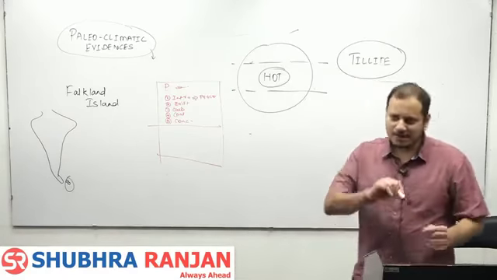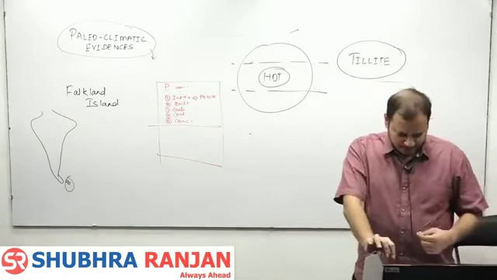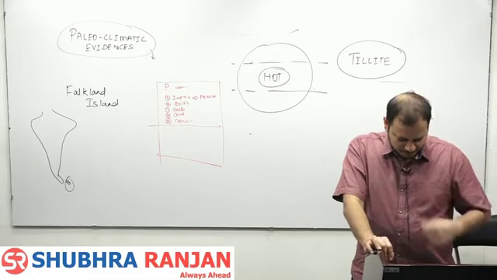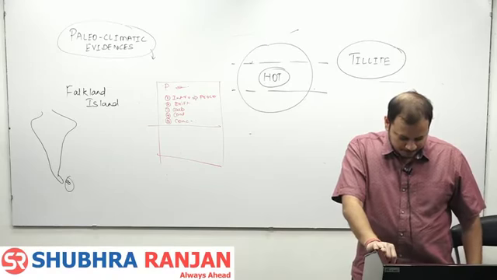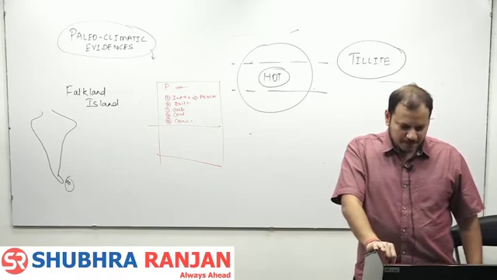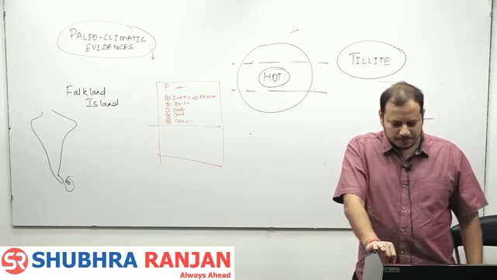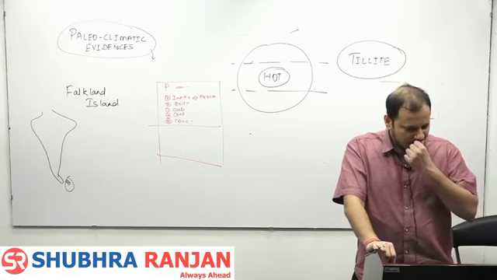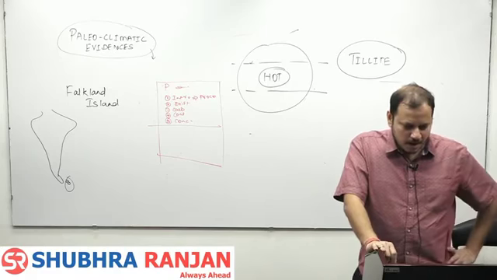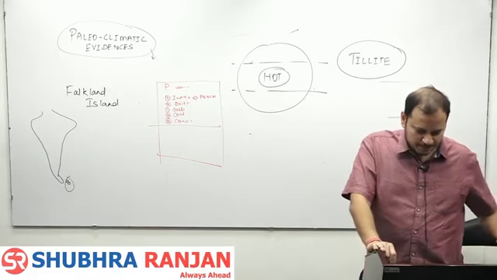So Falkland Island, Africa, Peninsular India, Australia, and Antarctica.